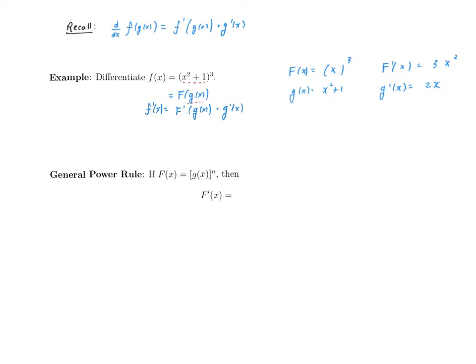So we need to take g of x, x squared plus 1, and substitute that in to our function f prime. That is, we would have 3 times the quantity x squared plus 1, quantity squared, multiplied by 2x.